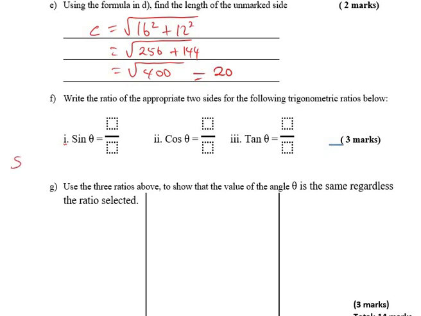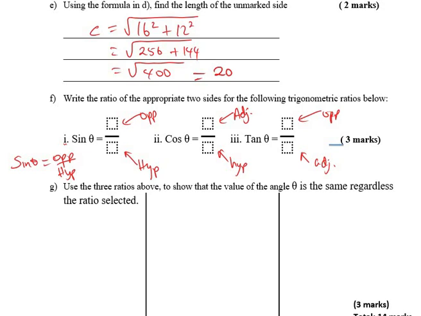Sine theta is equal to opposite over the hypotenuse. So the value that goes here comes from the opposite side of theta. The value that goes here is from the hypotenuse, the side facing the right angle. What goes here is the adjacent. What goes here is the hypotenuse. What goes here is the opposite. And what goes here is the adjacent.